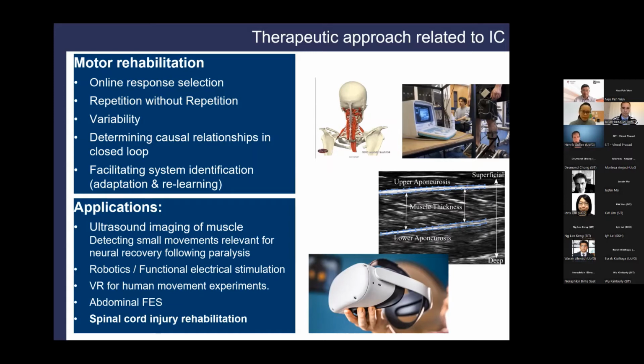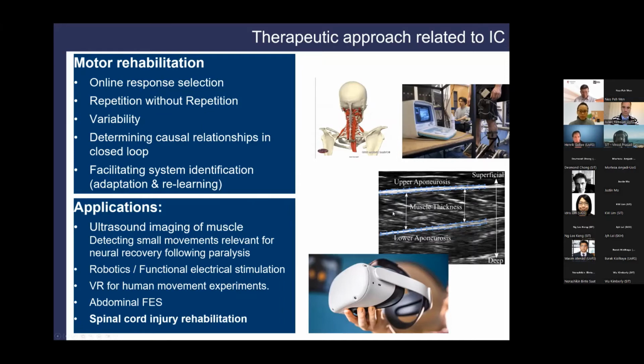Now, what I'm working on currently includes ultrasound imaging of muscle, where we use not just EMG recordings to see what's actually going on with the muscle, but actual movement of the muscle from ultrasound recordings to see what is actually the input to the movement, what causes the movement.